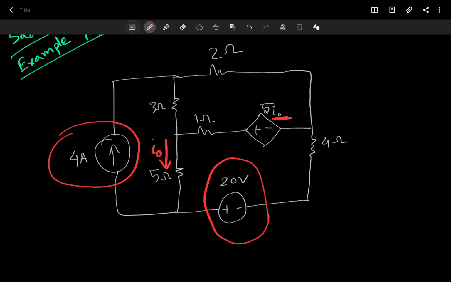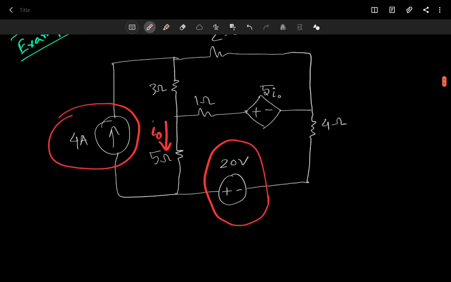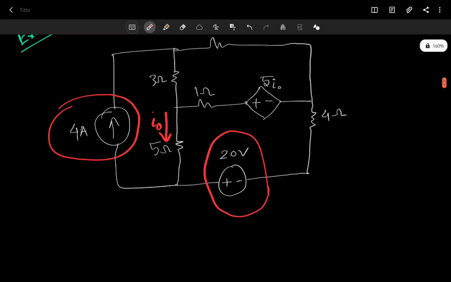If we have a 2 ampere current, then we have 10 volts here. If instead we have 3 amperes of current, then it would have 15 volts. So this is a dependent source, okay? But the problem is we don't know what this current is until we solve the whole circuit. So that's why they are a little different, but not that much.